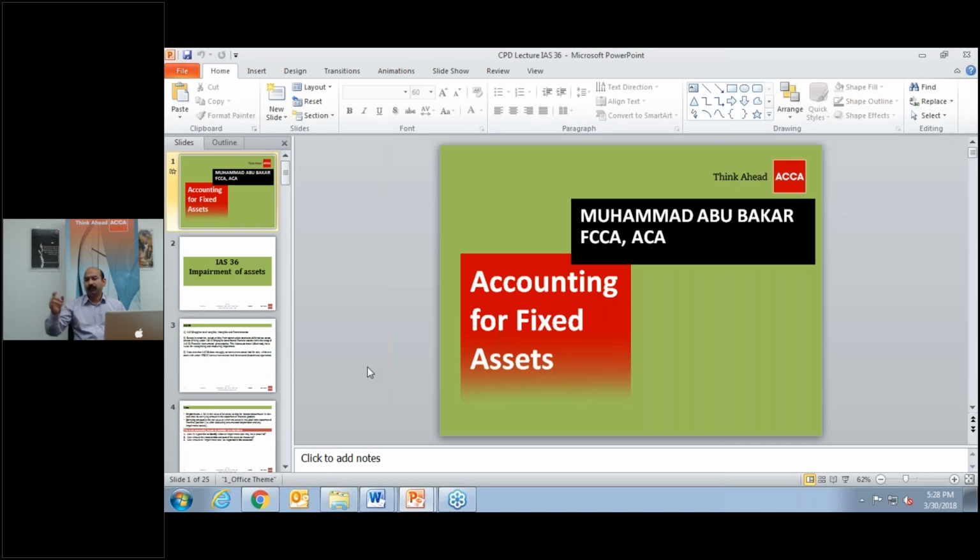I shall be sending you this write-up as well as the typed answer with journal entries of this illustration. That will make your concept more clear if you find some time to go through it again. Okay, now we shall go for an Asr prayer break. Thereafter, we will have a look at International Accounting Standard 36.